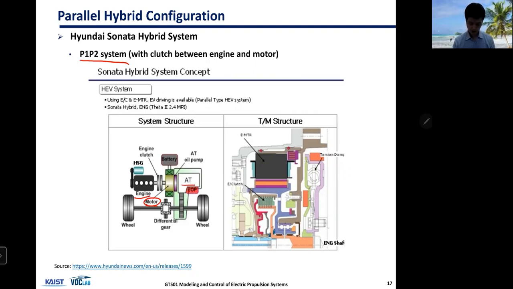And then you have another small motor connected to the engine. And the main reason for having this second small motor was to start the engine, because starting the engine using this traction motor and clutch was challenging. And then the system evolved from there.